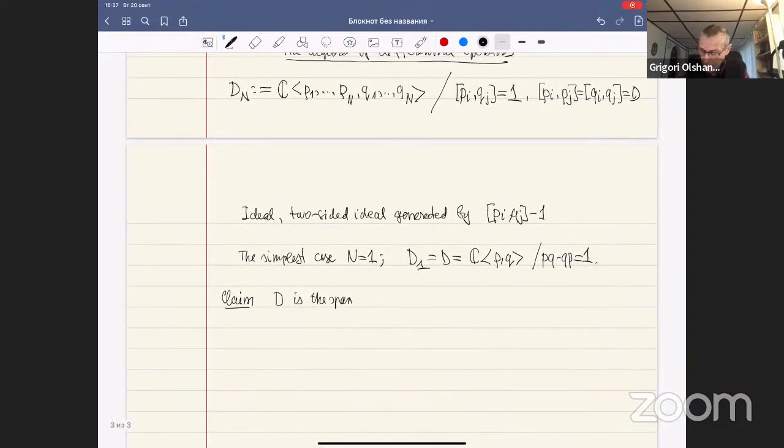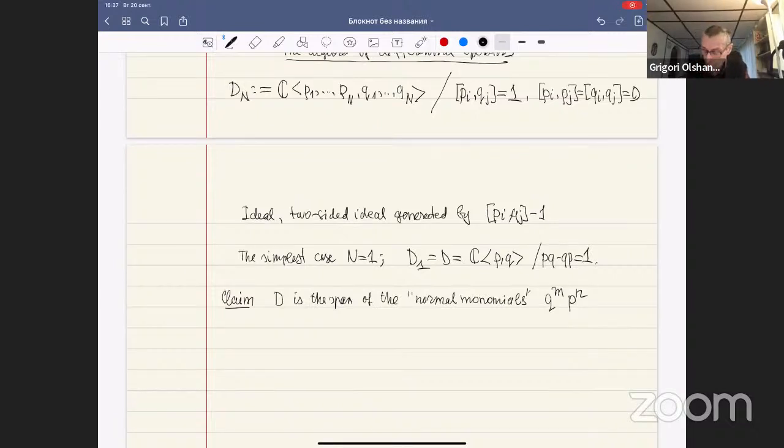So the claim is D is the span of normal monomials. Normal monomials, in my definition, are monomials of this form: first some power of Q and next some power of P. This is easy.